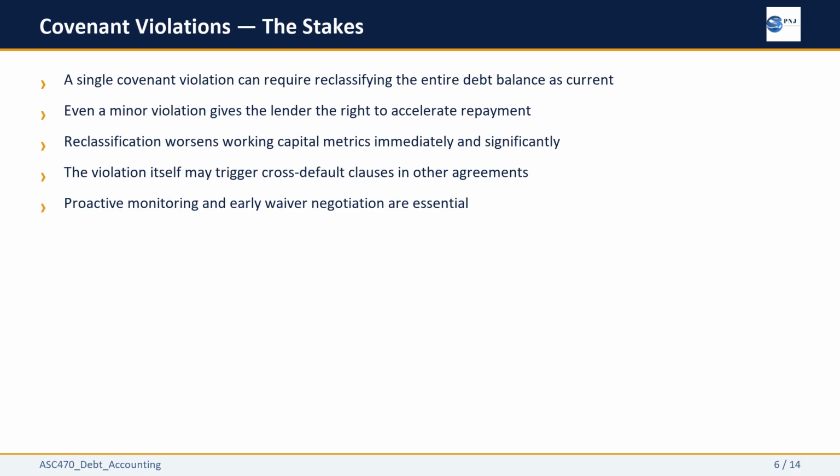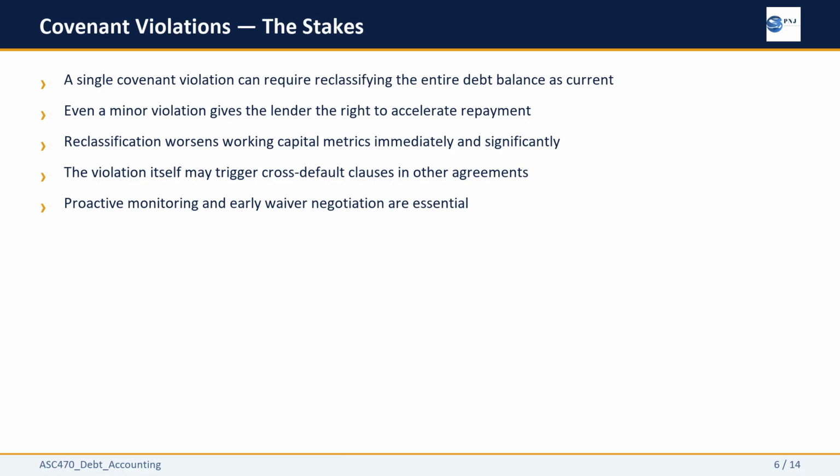This is where things get interesting and consequential. A covenant violation is not a minor technical issue that you disclose in a footnote and move on. Under ASC 470, if the lender has the right to demand immediate repayment, which most covenant violations trigger, the entire outstanding debt balance must be reclassified as current.